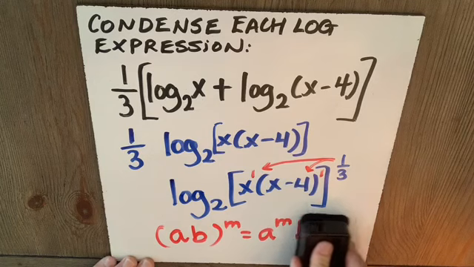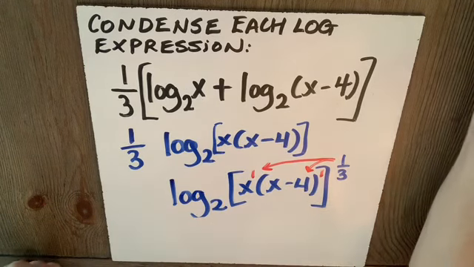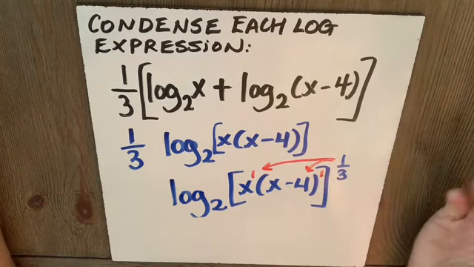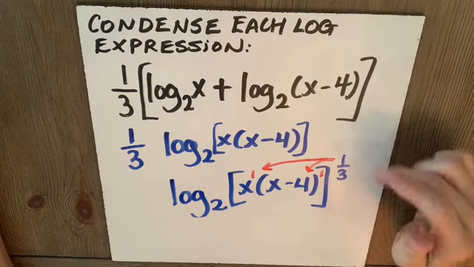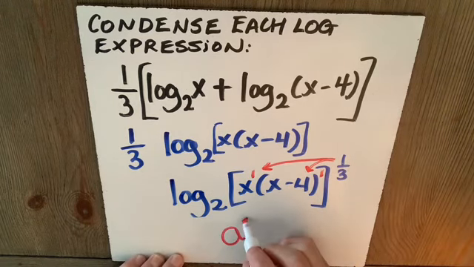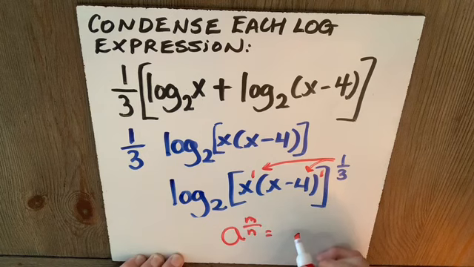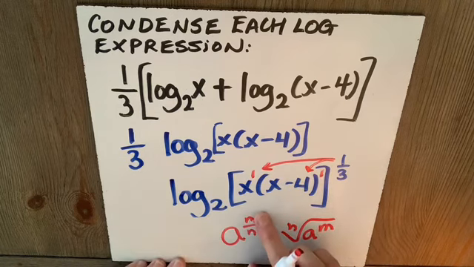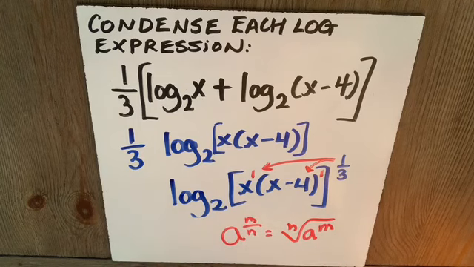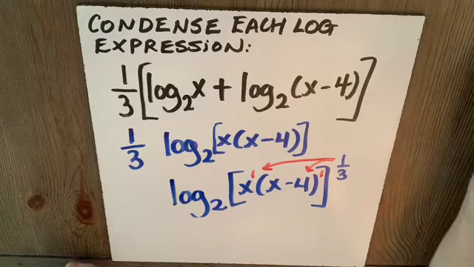So that would be written as x to the 1/3 times x minus 4 to the 1/3. But we know what 1/3 power means. If you have a to the m over n, that's the nth root of a to the m. In other words, power over root. So to the 1/3 power is really the cubic root. So this is a fine answer.